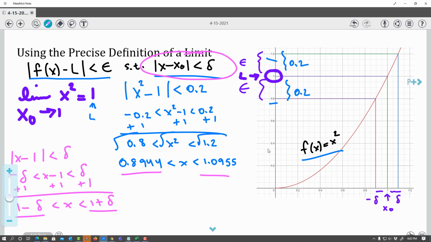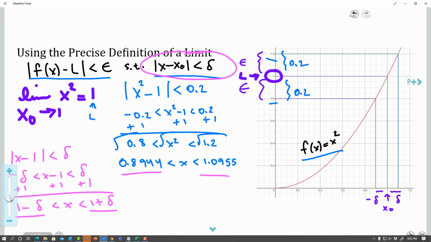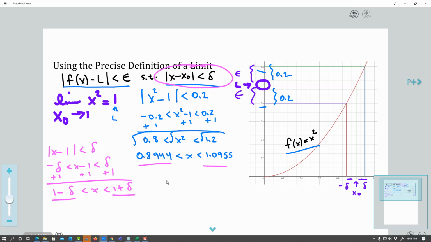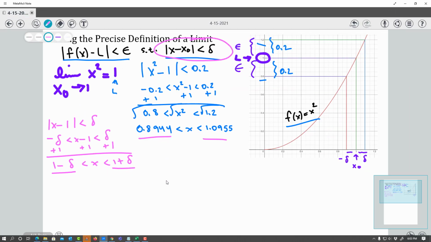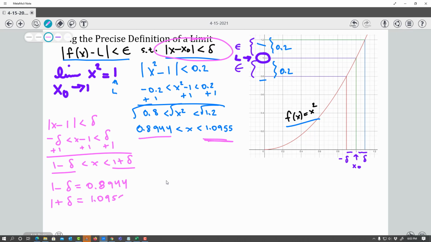So let's just zoom out a little bit so you can still kind of see what I'm doing. And so I am going to set the 1 minus delta equal to the lower limit, 0.8944, and I'm going to set the 1 plus delta equal to this upper limit, 1.0955.